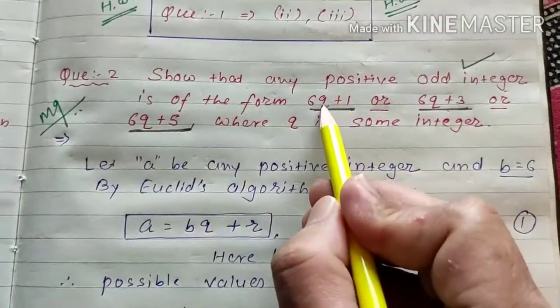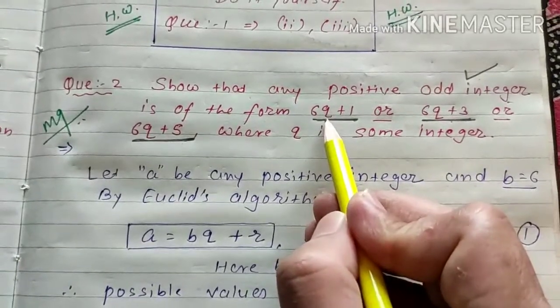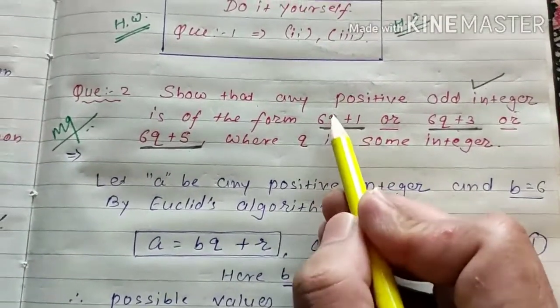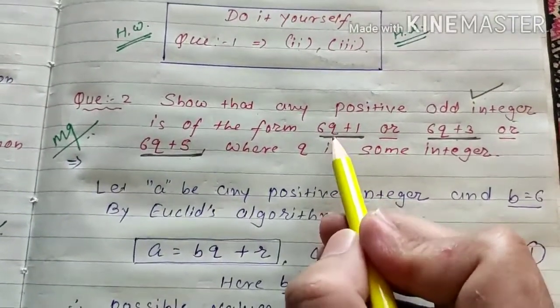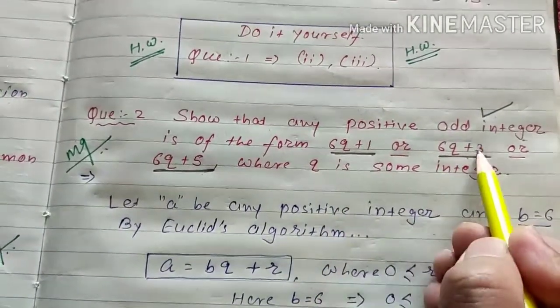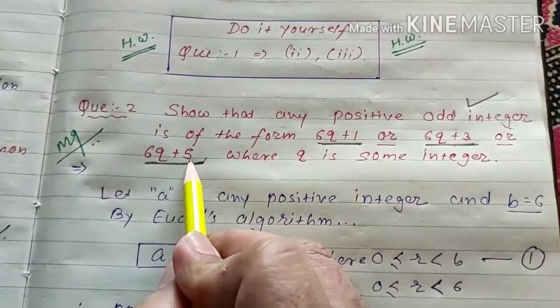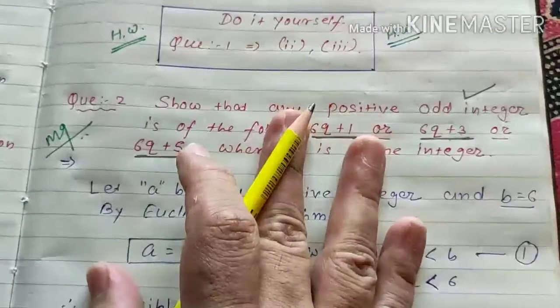Here q can be any integer, but 6q is a multiple of 6, and multiples of 6 are always even numbers. But if you add an odd number to that 6q, we will definitely get an odd integer, and that we have to prove. Hope you understand the question.